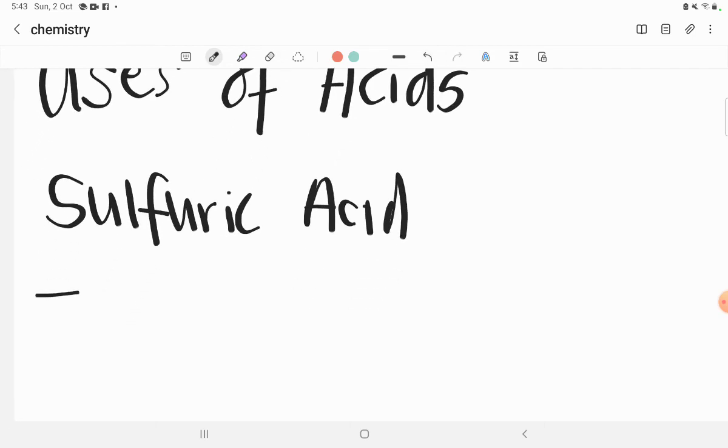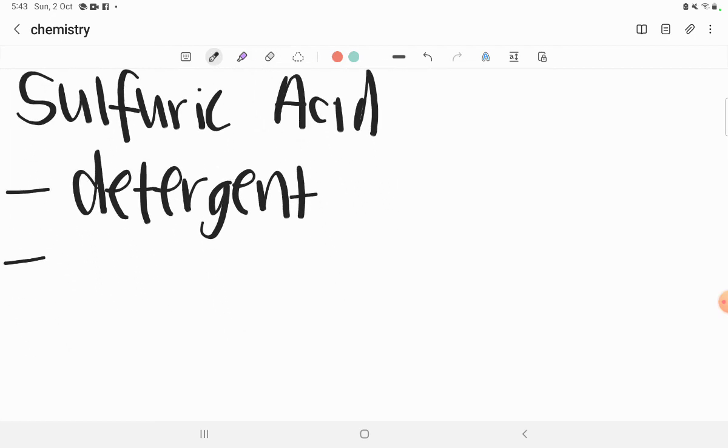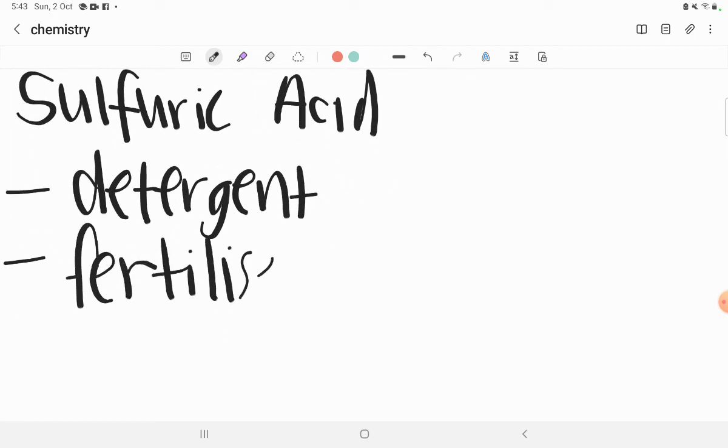It is used in detergent. What else? Fertilizer. And car batteries.